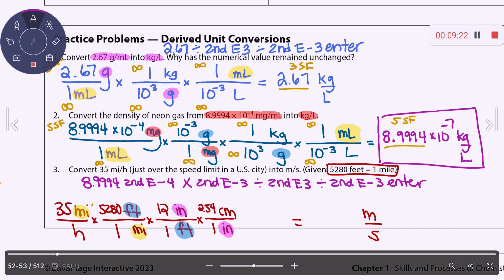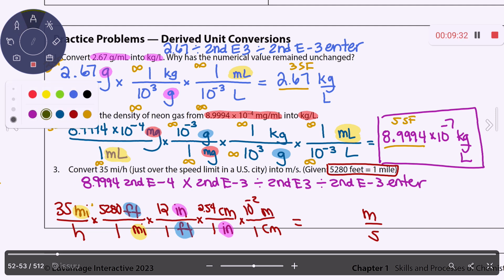So now I can convert centimeters into meters. This is a 1-step metric conversion right over here. So I just converted centimeters to meters. I put the 1 next to the prefix unit and the power of 10 next to the base unit. Okay, so I got to meters.